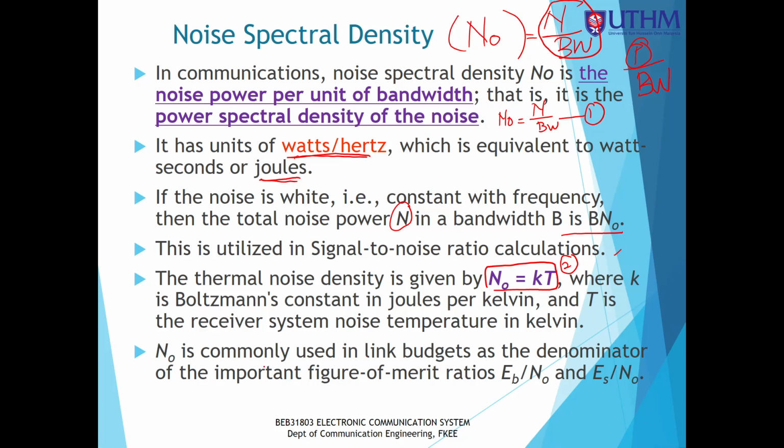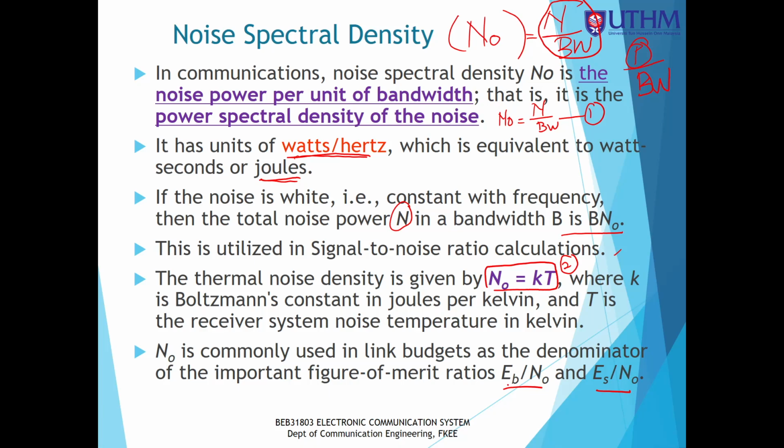N0 is commonly used in link budgets as the denominator of the important figure of merit ratios, Eb over N0. Eb is the bit energy divided by noise power spectral density. Es is the symbol energy per noise power spectral density.